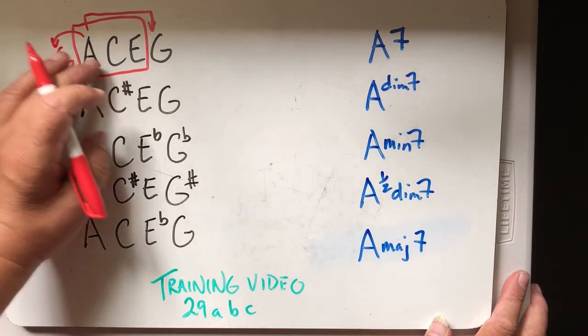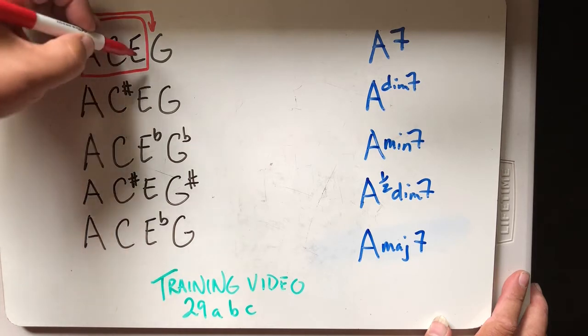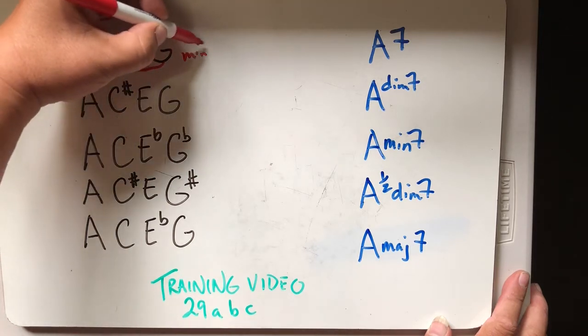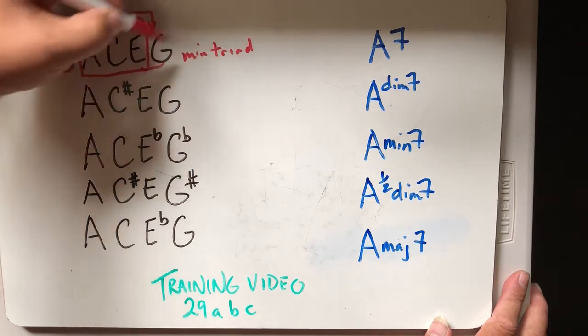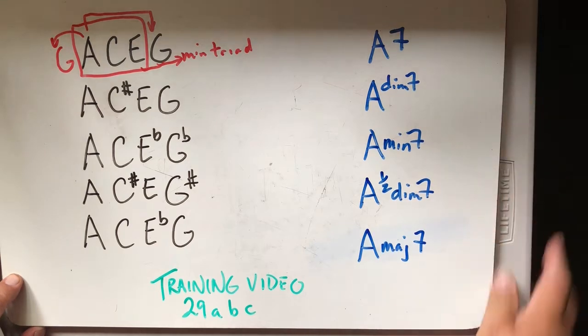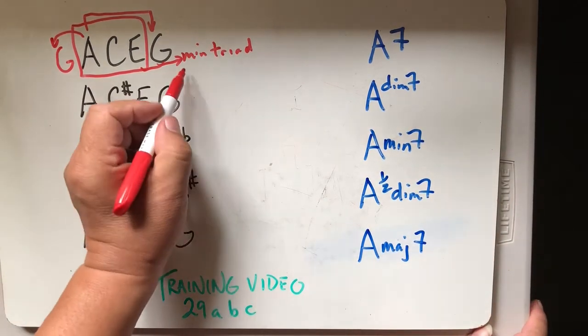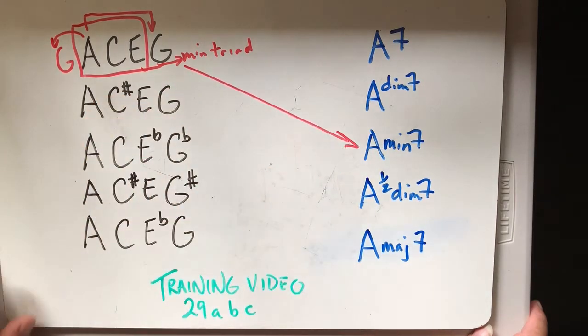First off, we just go with the one with no sharps or flats or anything. A, C, E is a minor triad right there. Okay. Now, if you are really good at this already, you know that there's only one kind of 7th chord that has a minor triad in it, and that's the minor 7 chord right there.